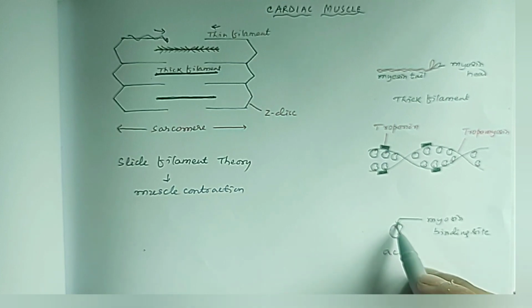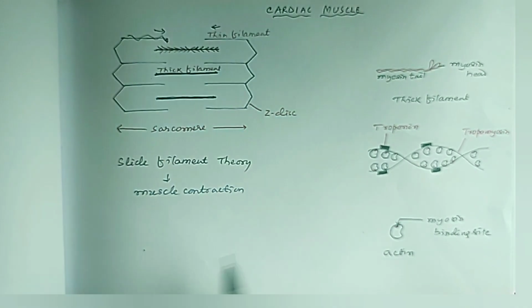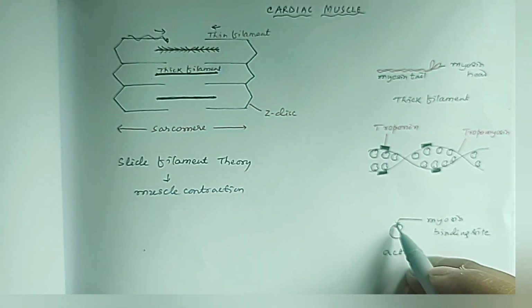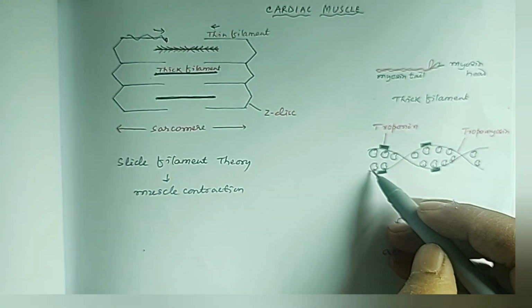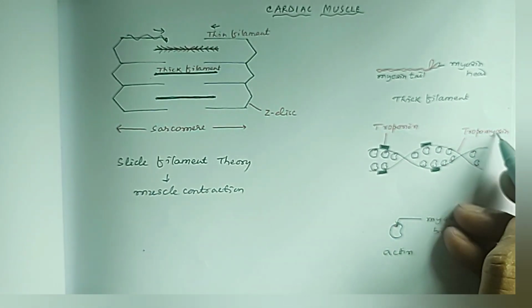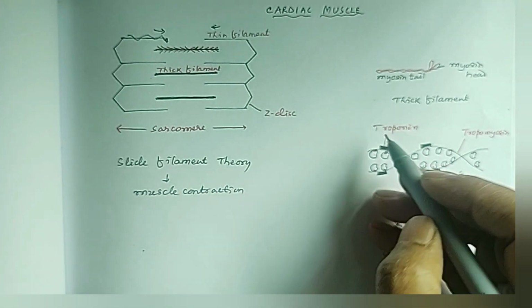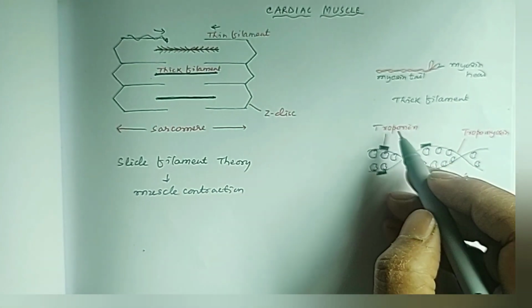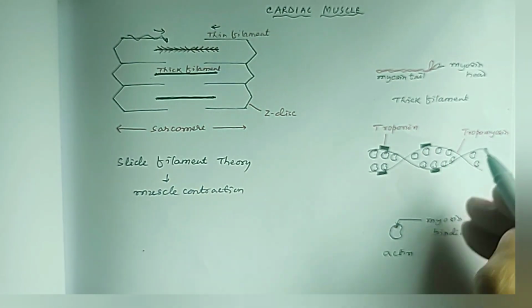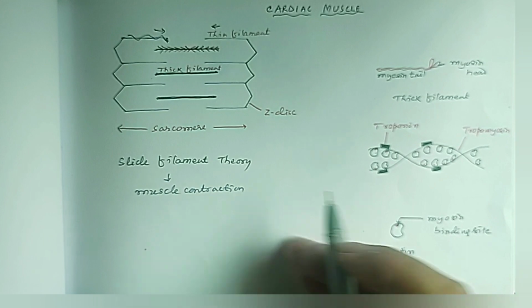Actin has a site called myosin binding site to which myosin head can bind, and these myosin binding sites of actin are covered by a regulatory protein called tropomyosin, and tropomyosin is again regulated by troponin. So two regulatory proteins, troponin, tropomyosin, and two contractile proteins, actin and myosin, are there in cardiac muscle.